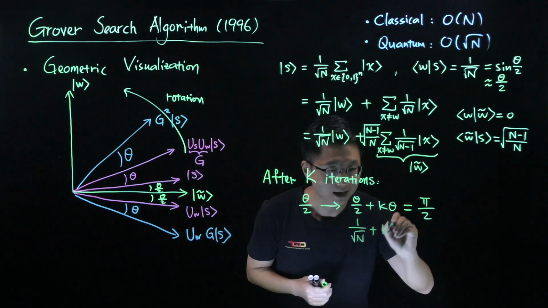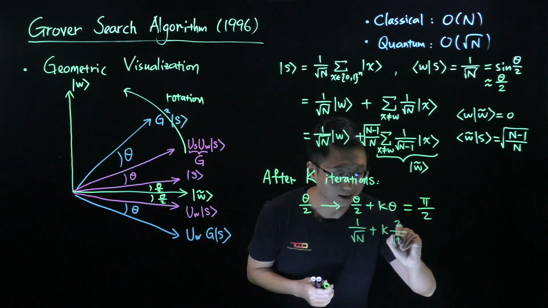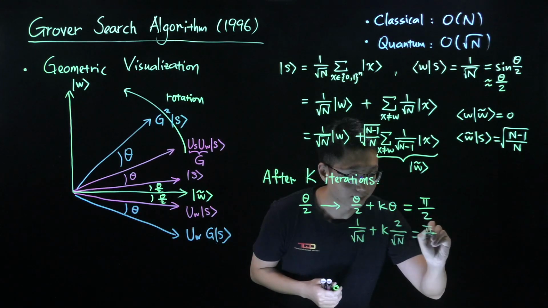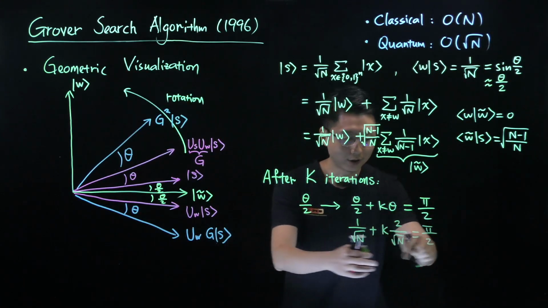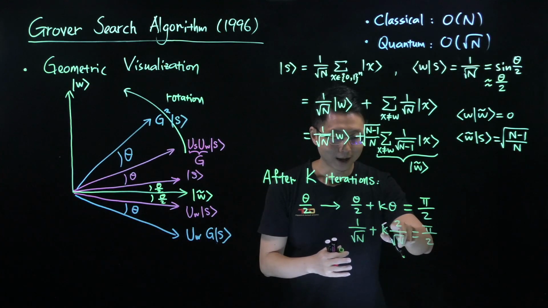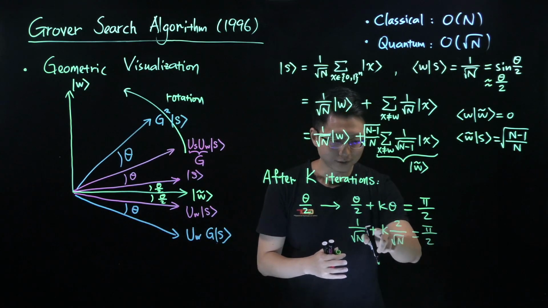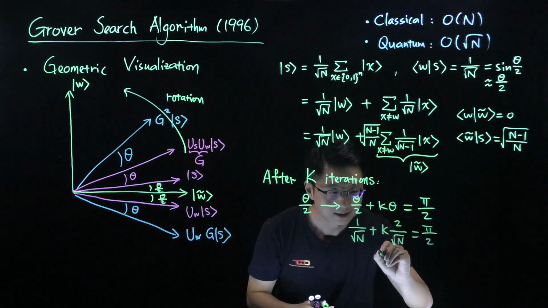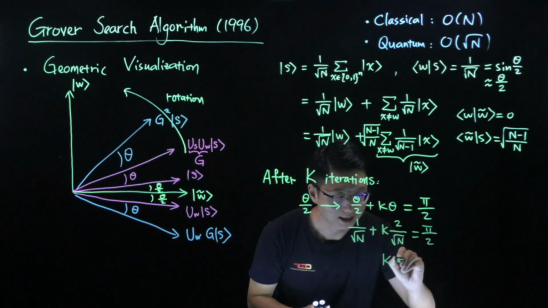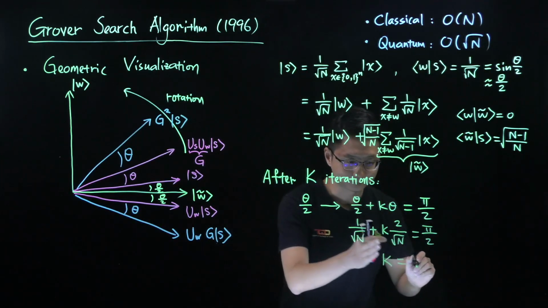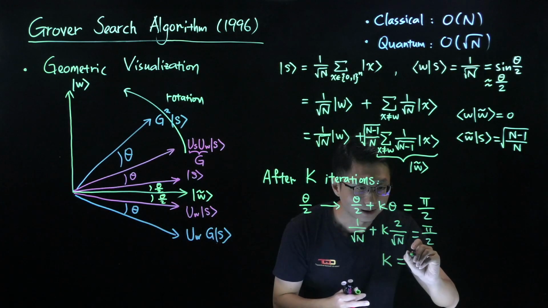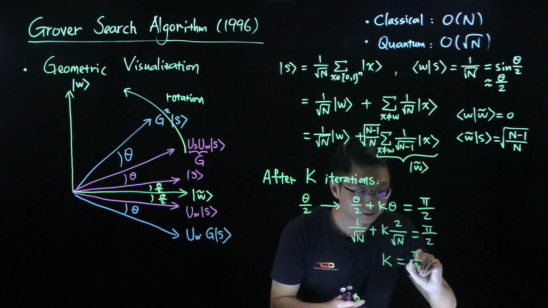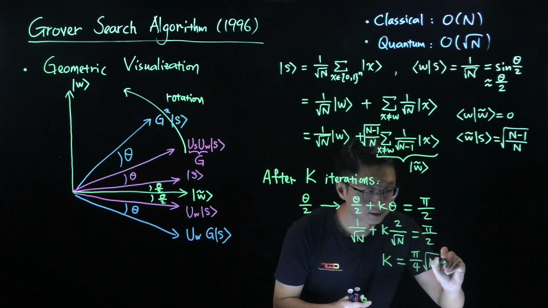So that's k times 2 over square root of n. And this is going to be close to pi over 2. So moving this term over and multiplying by square root of n over 2, we can find the optimal value of k. So upon solving that, we will see that k is given by pi over 4 square root of n minus half.